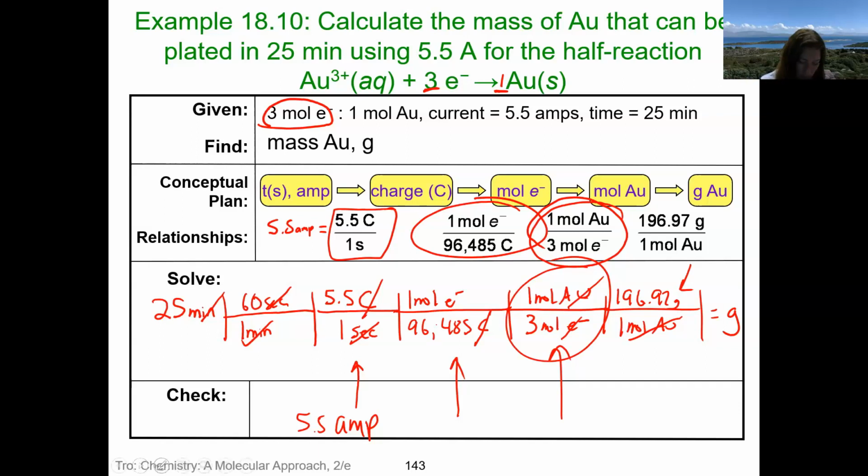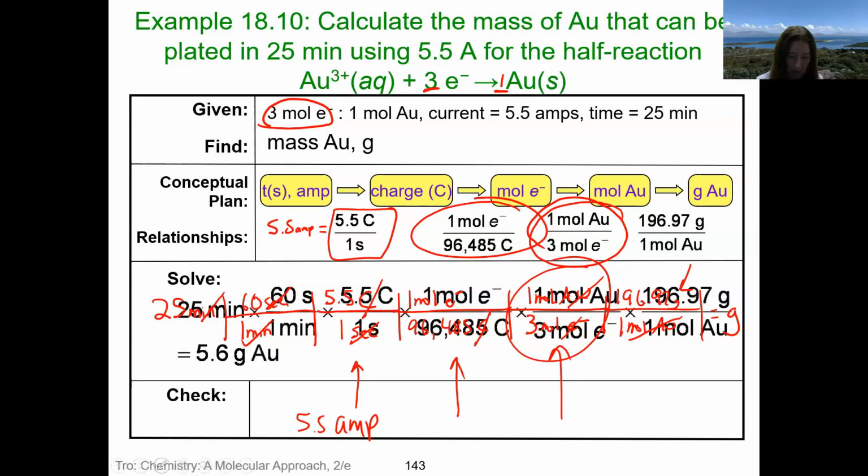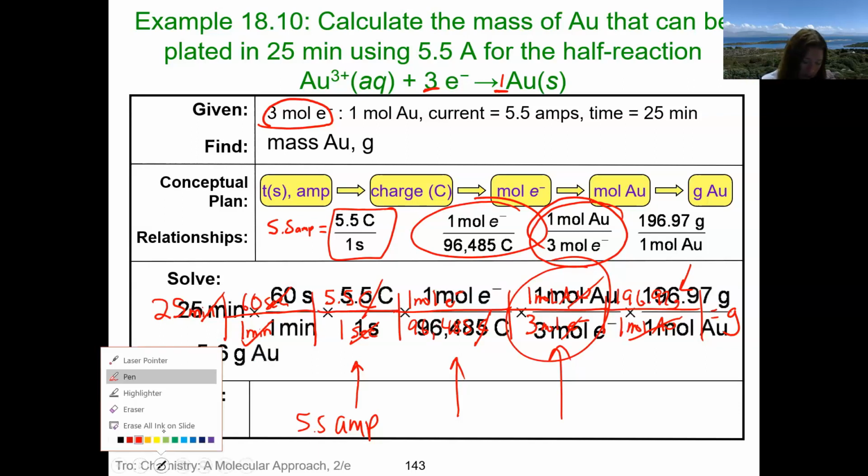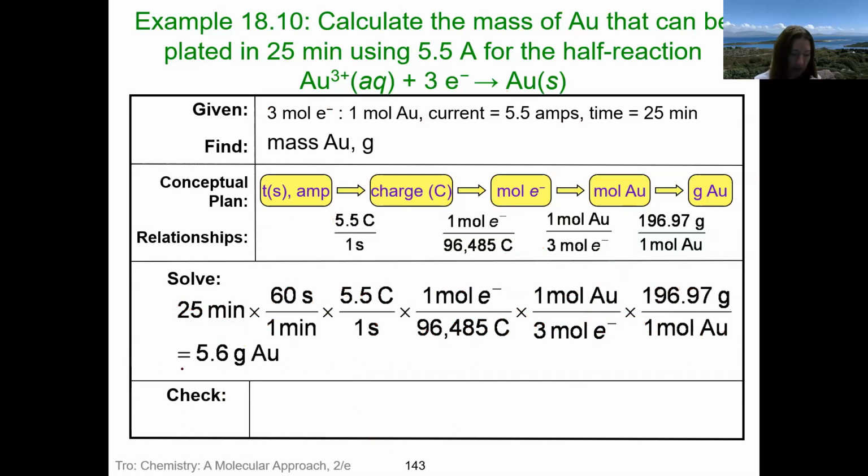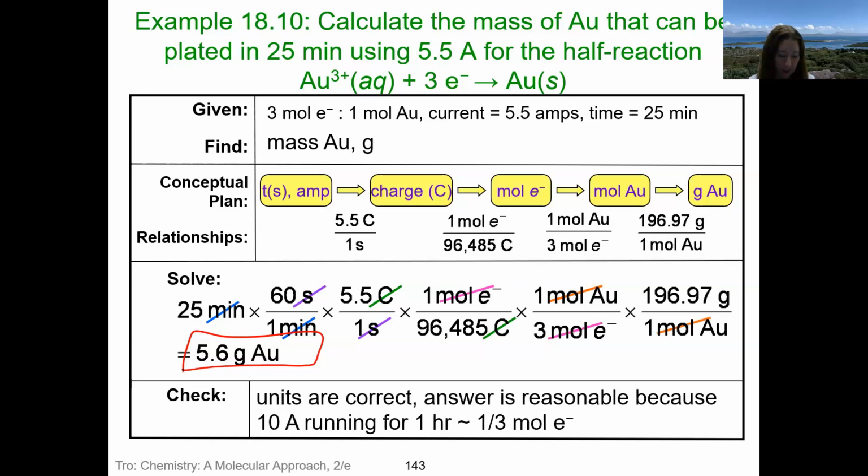All right, so let me see here. Oh yeah, nice, there we are. And you end up with 5.6 grams of Au. And then all of our conversions cancel out super nicely. Okay, so remember these conversions.